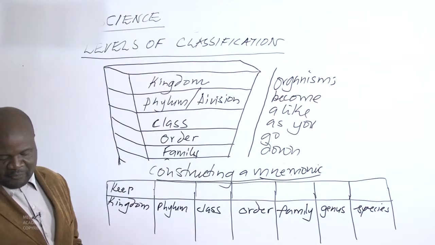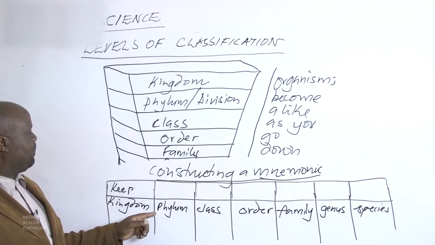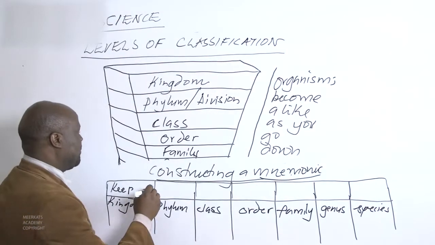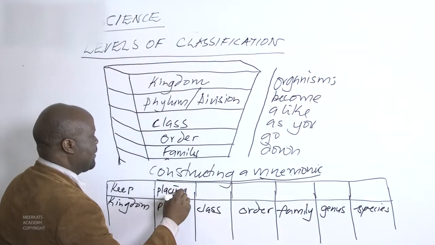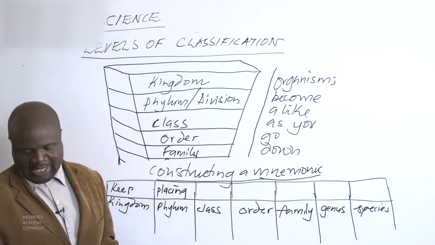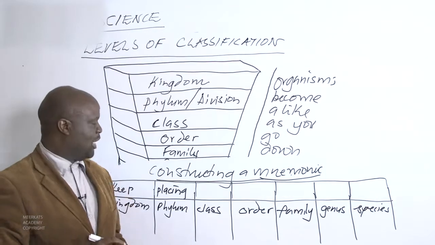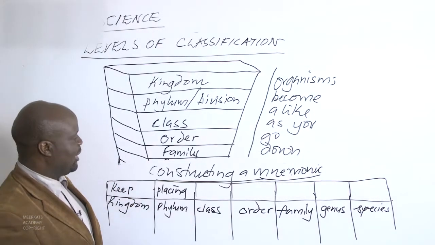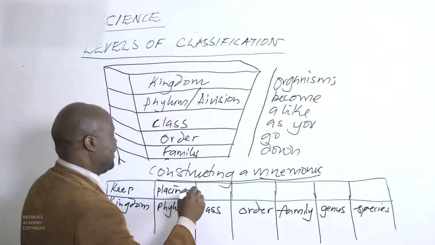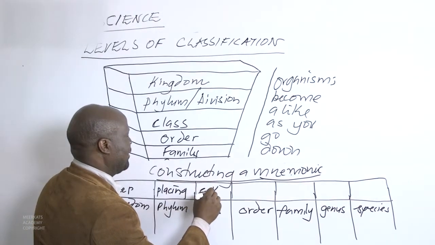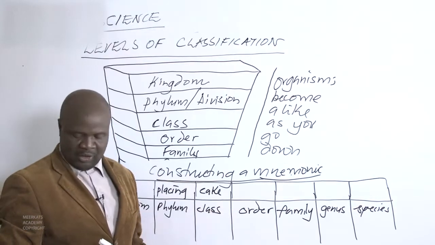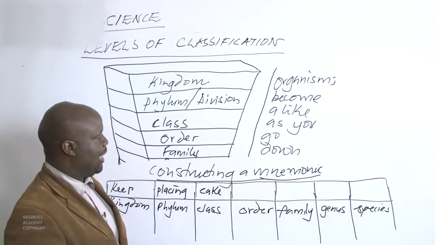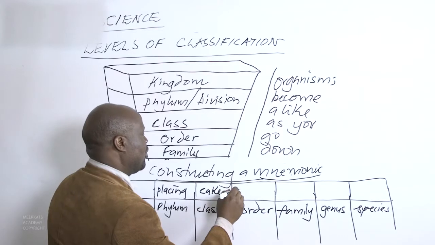Then from the phylum, you pick the letter P, then you say keep placing. Then from the word class, you can pick letter C, and you have keep placing another word here, cake. Keep placing cake. Then from the word order, you can pick letter O, and you write keep placing cake orders.